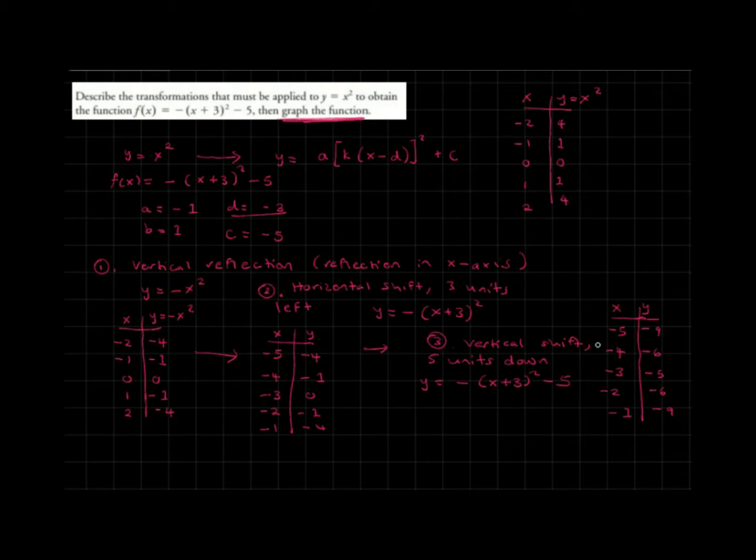Okay, so this is what your final points will look like. We can actually graph all of these points and create our graphs for each transformation. I just thought we would look at it using a table of values because it's a lot more organized and more effective in observing what happens to these transformed points.